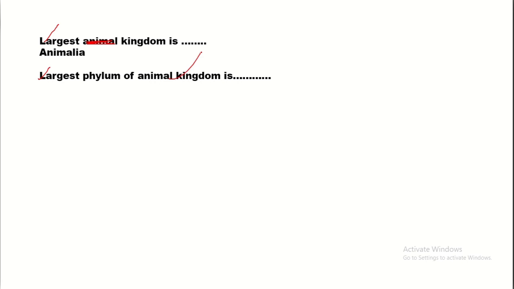Largest kingdom is Animalia. Largest phylum of the animal kingdom is Arthropoda.